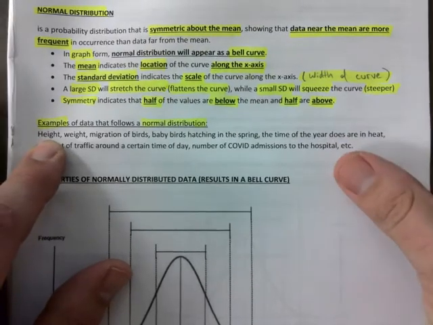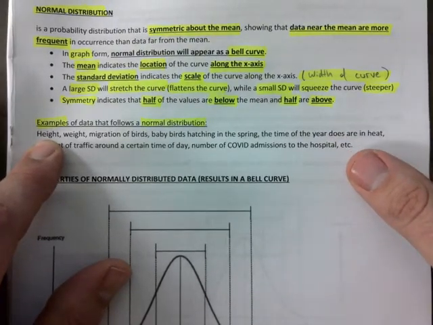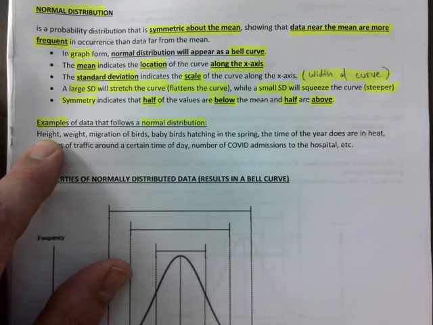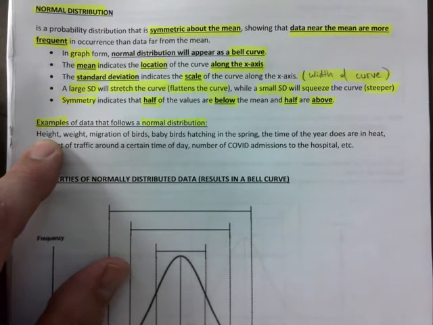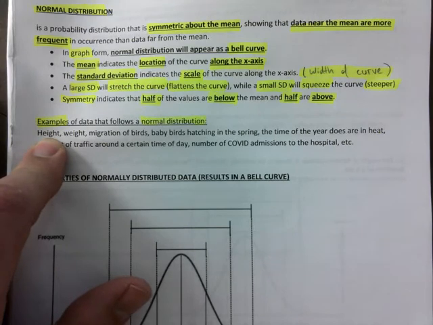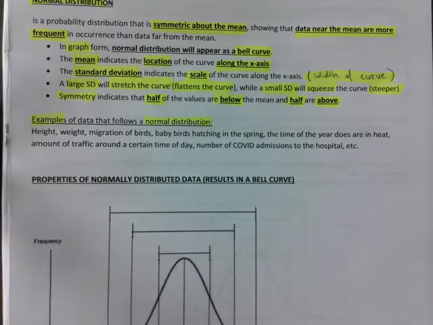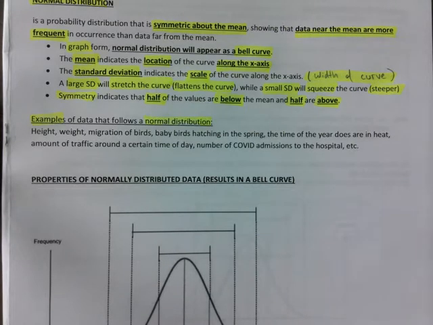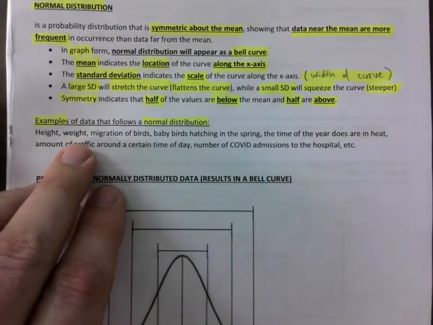So the height, if you collected the height of a whole country or city and plotted it, you'll find this height that occurs most often, which is closer to our average. And then you're going to have people either shorter or taller than that, but it's going to be fewer people. You could go by age and whatnot, but the weight is the same thing.